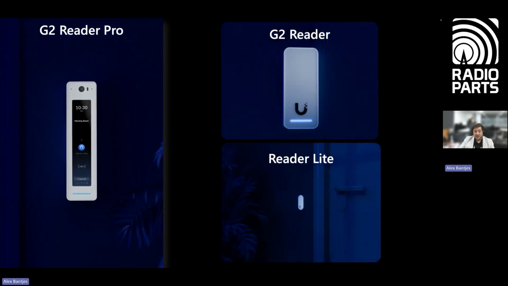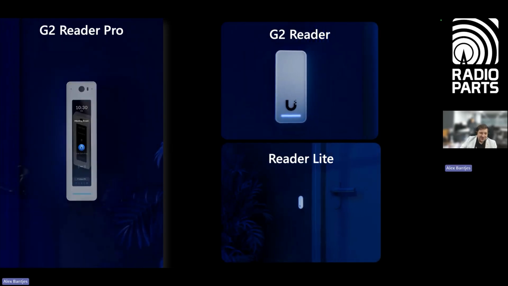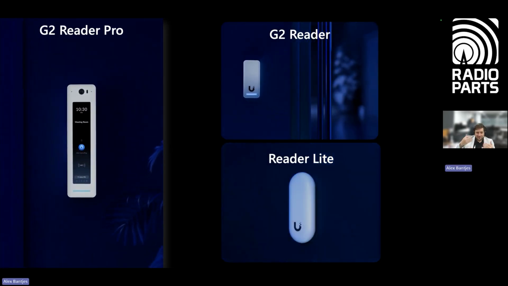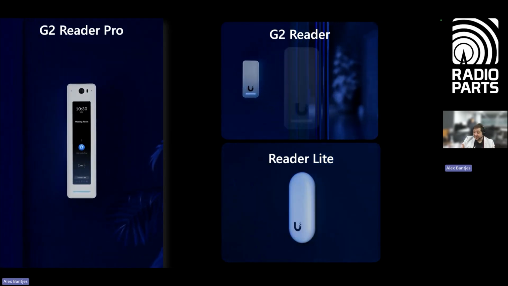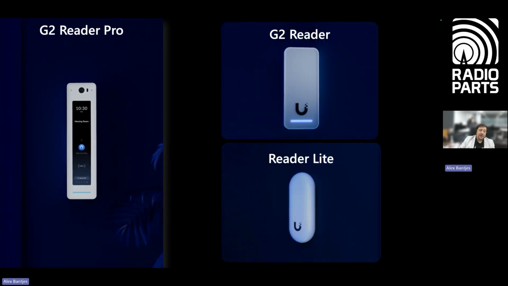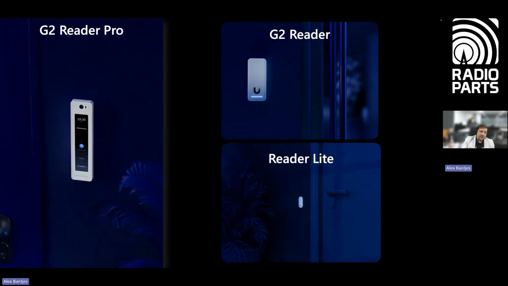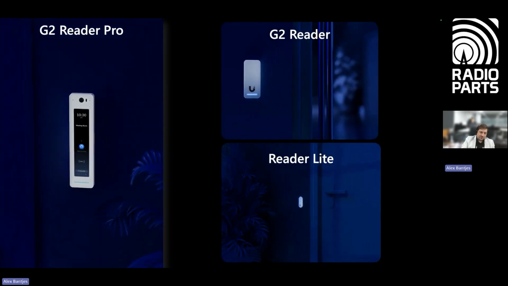It's actually pretty small and it's very narrow. I initially questioned that design choice, but after installing it, you'll see why they've done it that way. And this also has an integrated camera as well. So the G2 Reader Pro has that big camera at the top. It is NFC capable, and you've got that nice big screen to ring through.